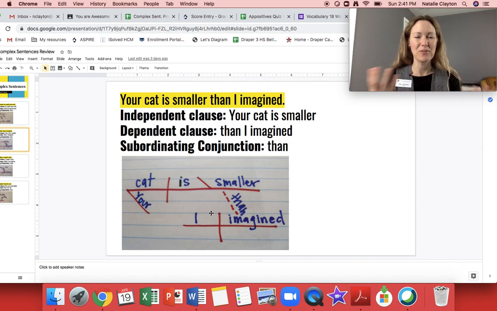So if we have the questions of how, when, where, how often, and to what extent for the adverb clause, to what extent smaller, or how much smaller, I guess that could work too. Then I imagined, that much smaller than I imagined. And then you would connect the dotted line up to smaller.